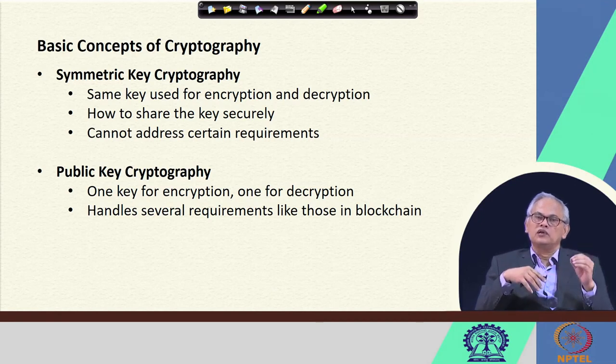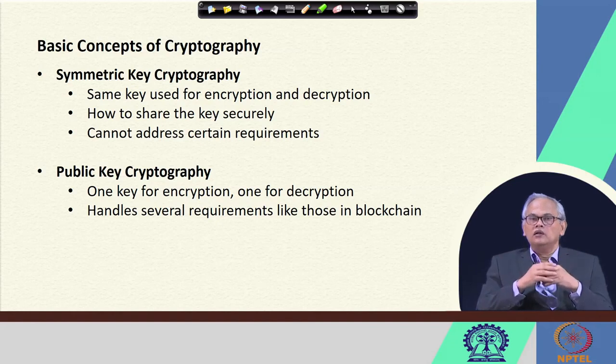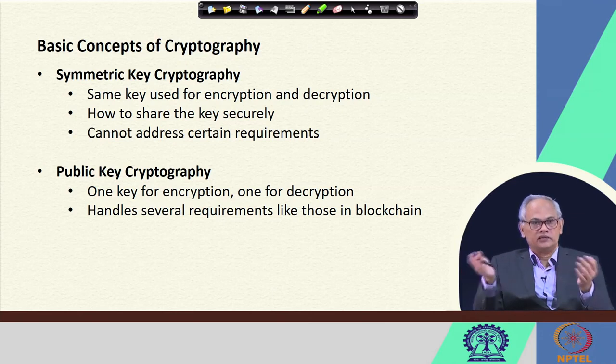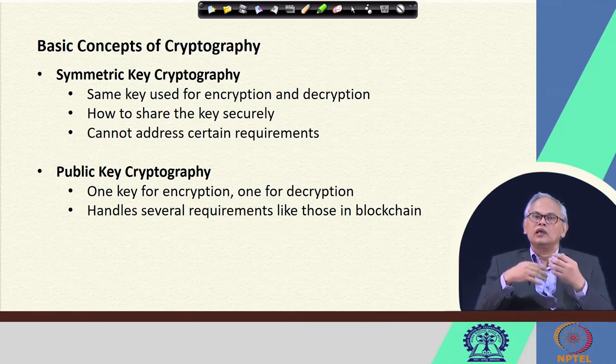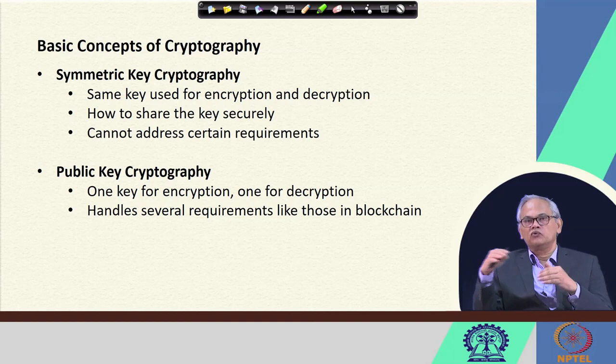So, if I want to send data D from A to B, I will not send the data D as it is, that means it will not be sent in plain text. Instead, we will encrypt the data, meaning we will change the data in such a way that the text that will be transferred will not be the plain text, rather it will be what is called the cipher text.